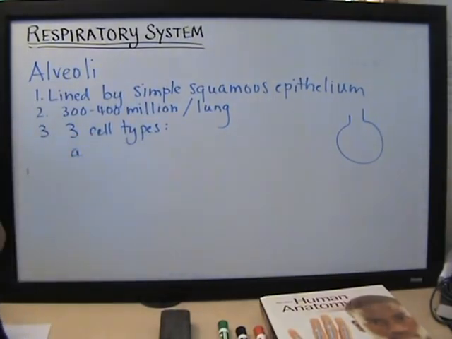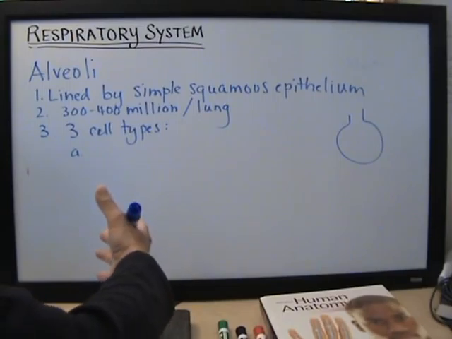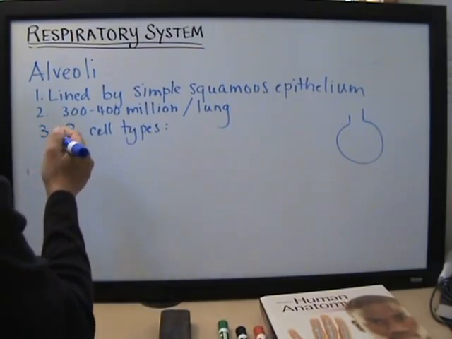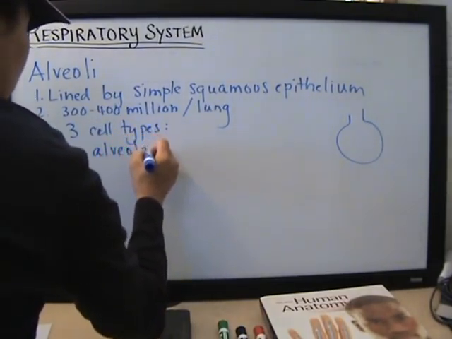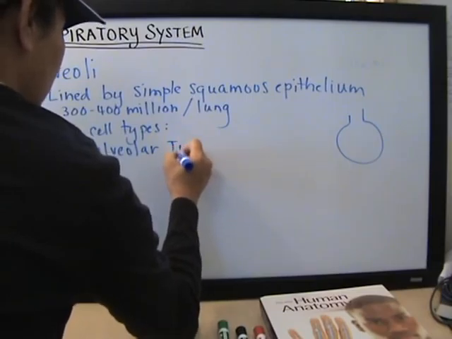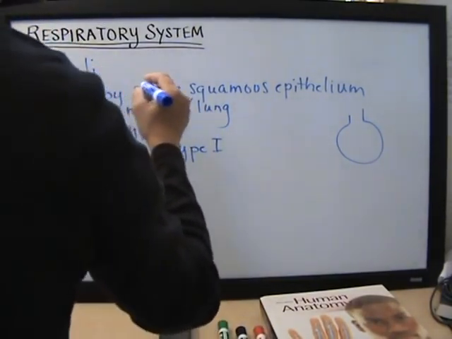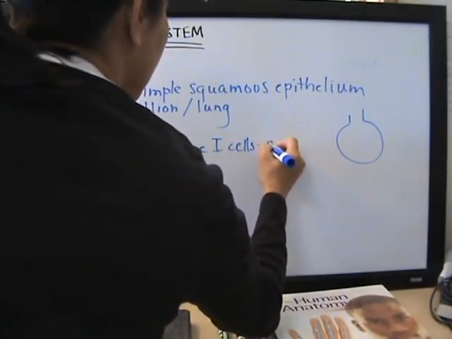That comprise the alveoli. The first one are the squamous cells, the simple squamous, and they're called alveolar type 1 cells.